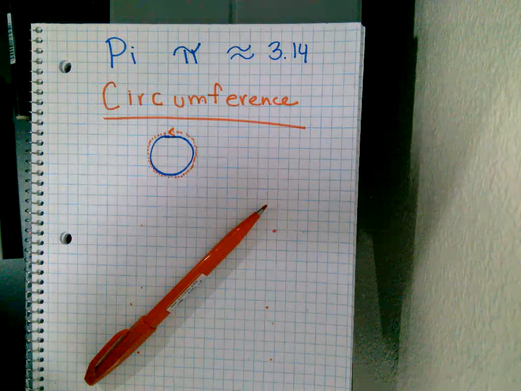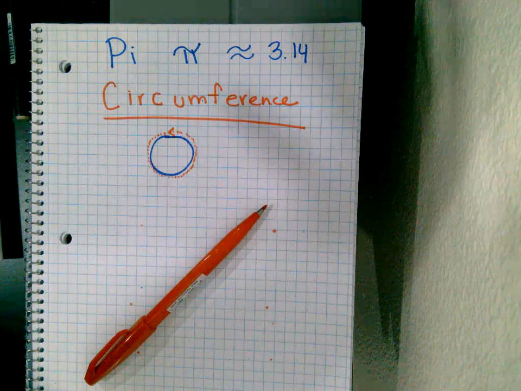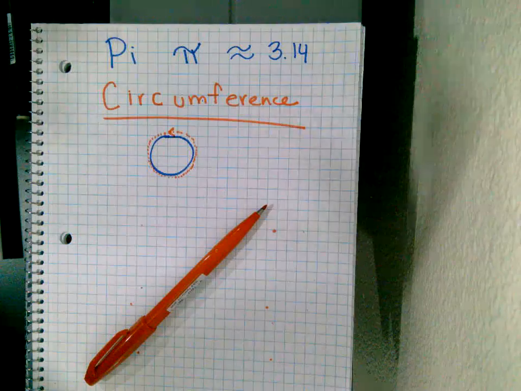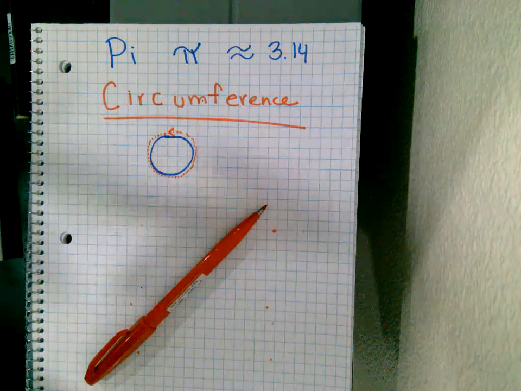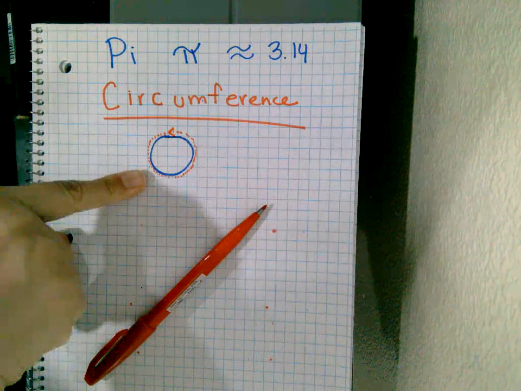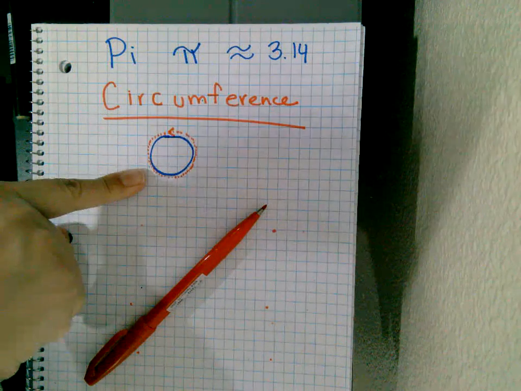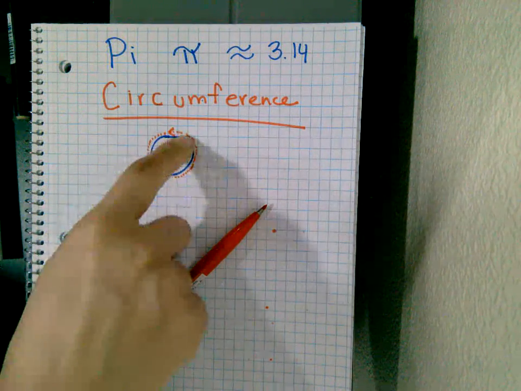We call it perimeter for every other shape. I know you've done perimeter in elementary school. Perimeter is circumference. But you know, we're super fancy in math, and we just couldn't call this perimeter. We had to call it circumference because we're super special. But circumference is basically the perimeter.